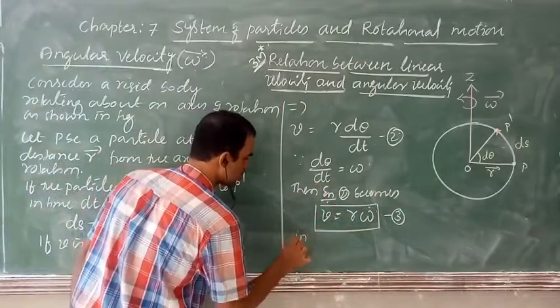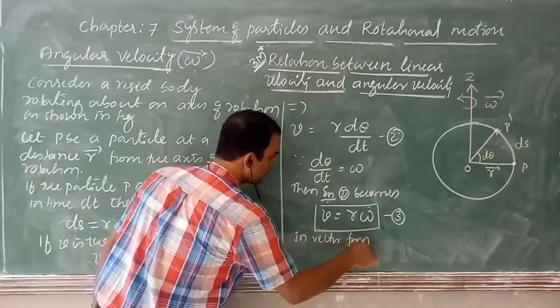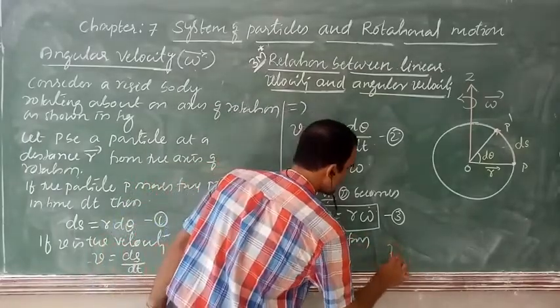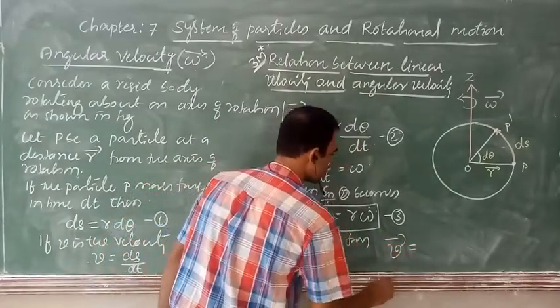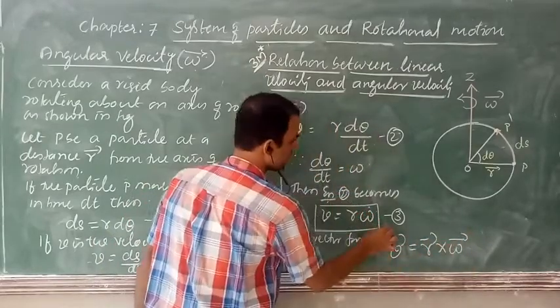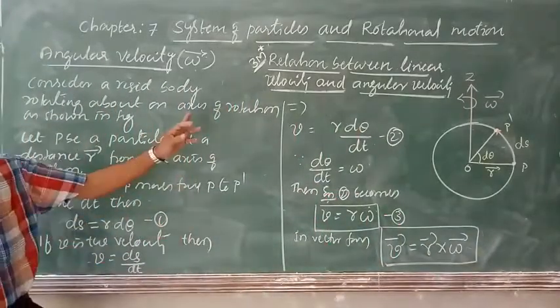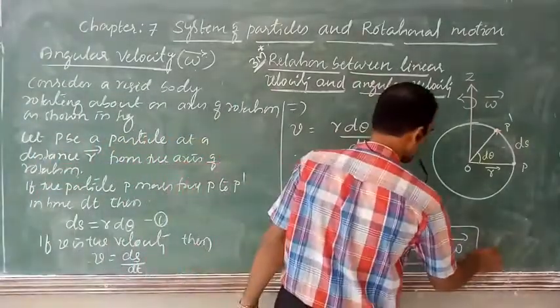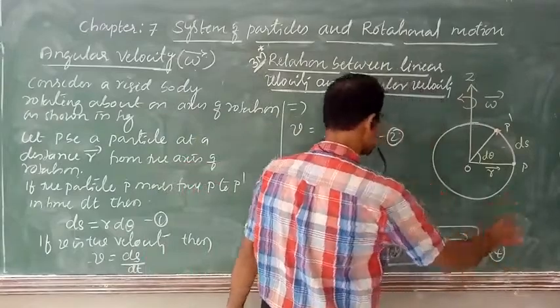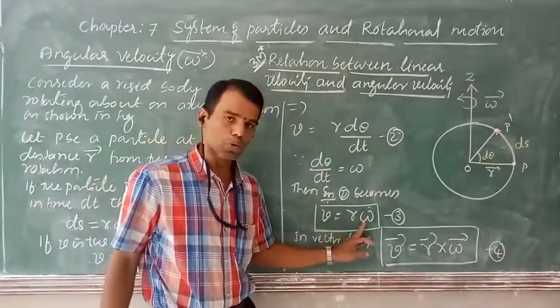If you want to write it in vector form, we write vector v is equal to vector omega cross r. So this is the relation between linear velocity and angular velocity.